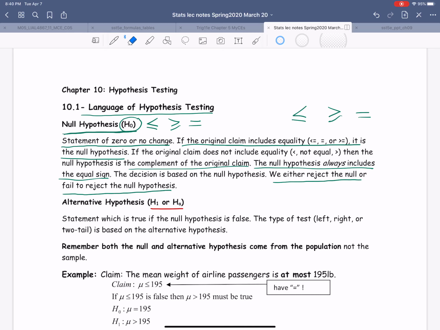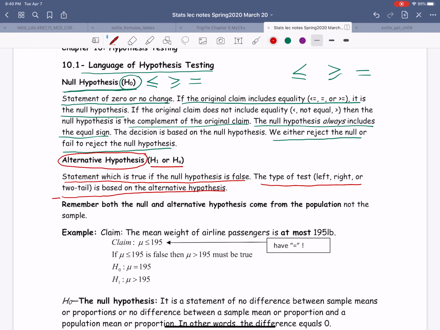This is a statement which is true if the null is false. The type of test, whether we have a left-tailed, right-tailed, or two-tailed test, is decided based on the alternative hypothesis.